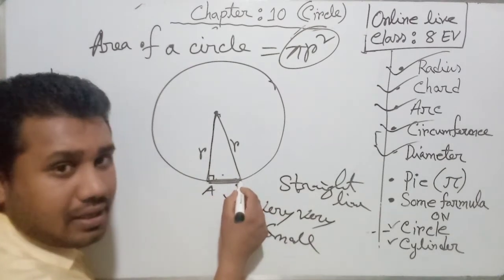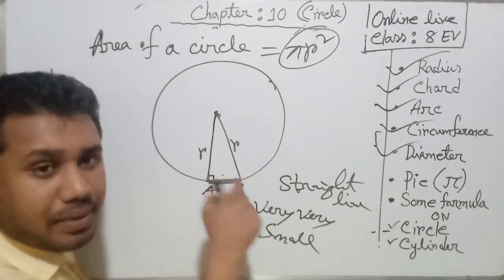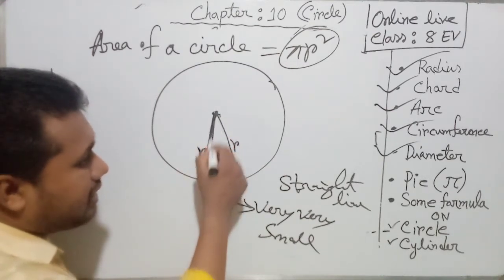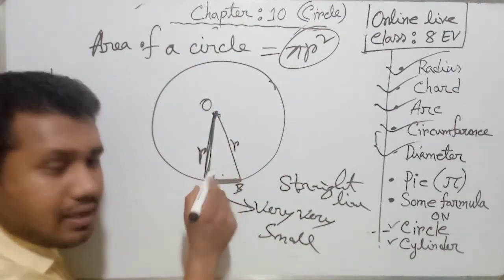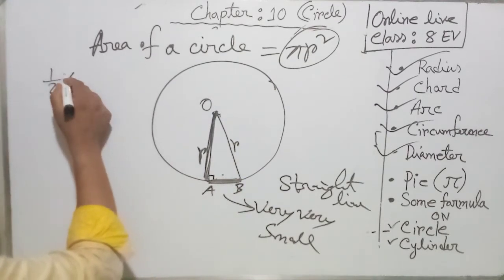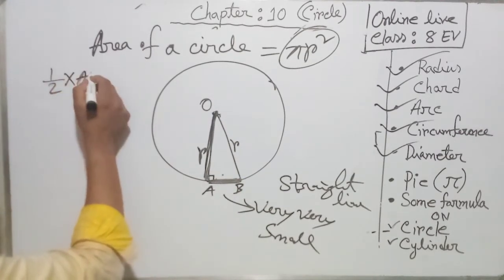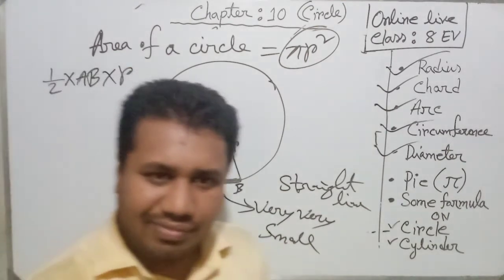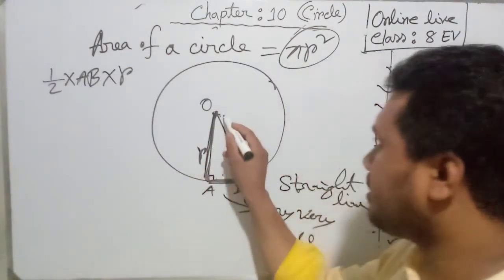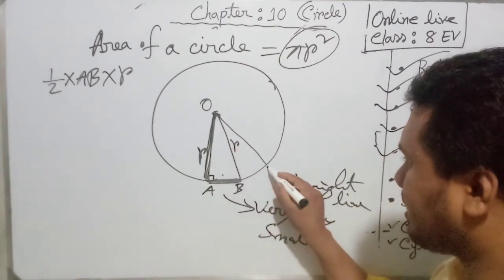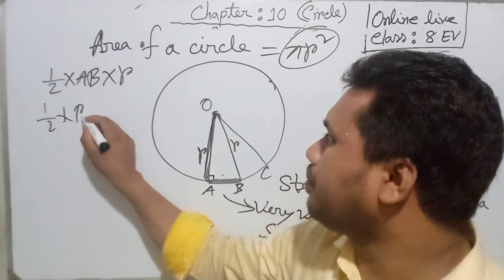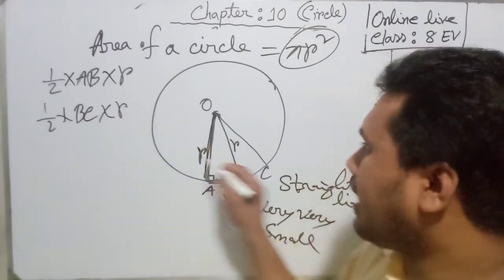The base is AB and the height is the radius r, so half into base into height. Now dear students, if we make another one, suppose this is C, it will be half into base into height.